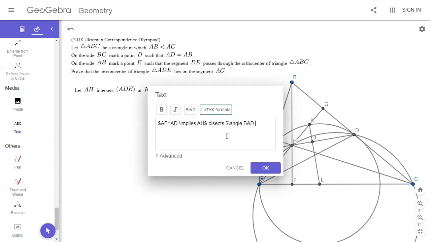And that means that K is the midpoint of arc DE of that circle.